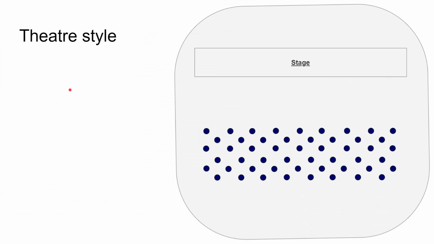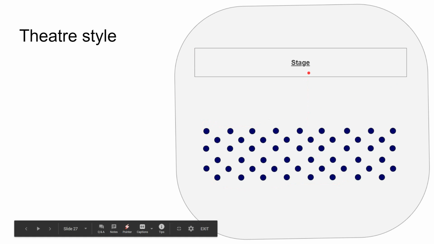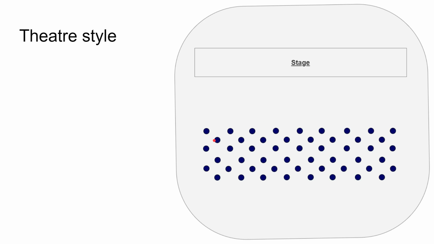Another style of seating arrangement is theatre style. Here also there may be a stage and people will be seated facing the stage. But here, as you can see, the people in the second row are seated in between the people in the first row, right?